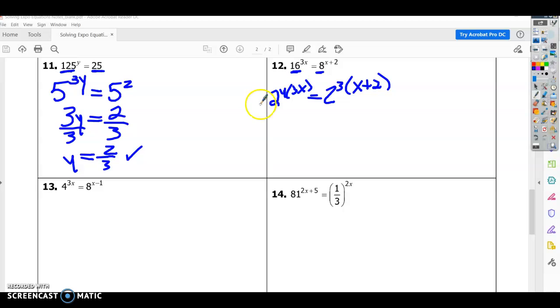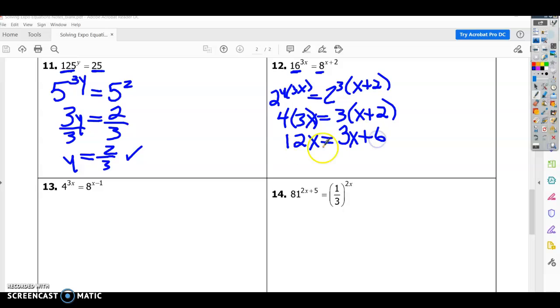All right, now that I have the same base, I can cancel my base, and I have 4 times 3x equals 3 times x plus 2. So 12x equals 3x plus 6. And then I've got an x on both sides, so I'm going to subtract. 12 minus 3 is 9x.